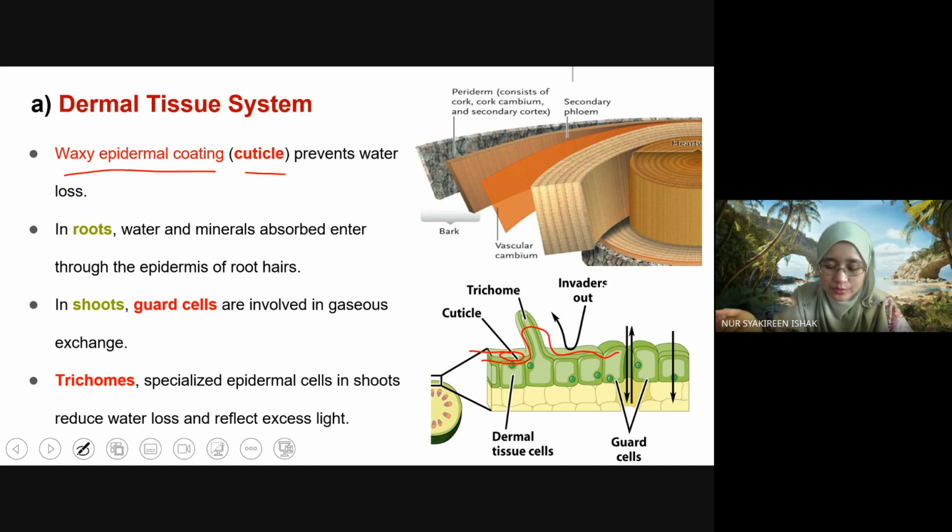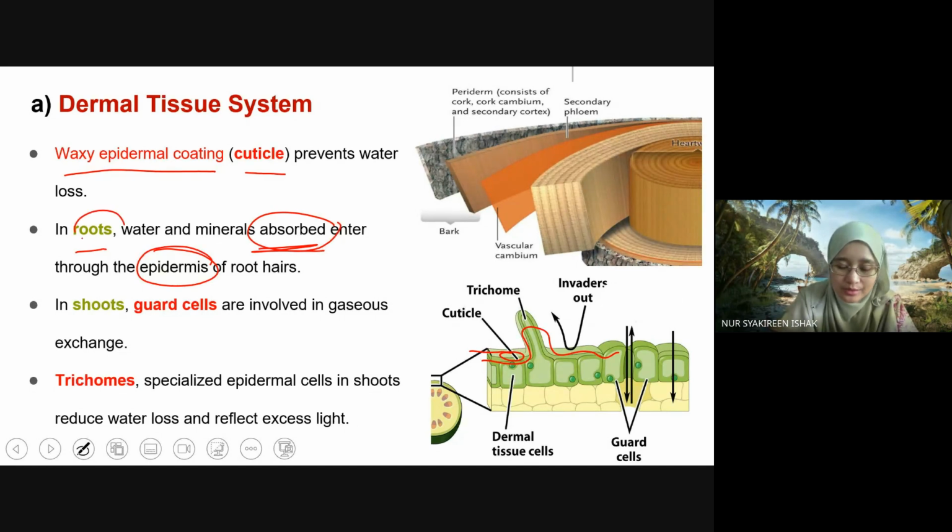Okay, and then water and minerals absorbed enter through the epidermis of root hair. So for the root parts of the plant, the function of the epidermis is for absorption. So this one you have to take note.